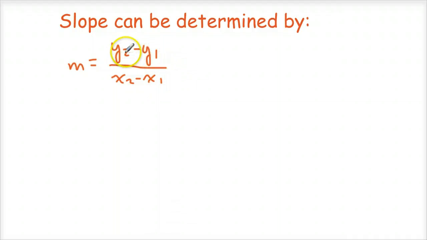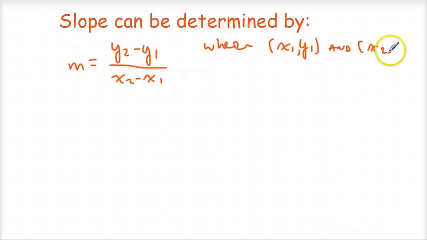But just like we had with distance and midpoint, we're going to determine slope by using 2 points on the line. So slope is y2 minus y1 over x2 minus x1, where x1, y1, and x2, y2 are points on our line.